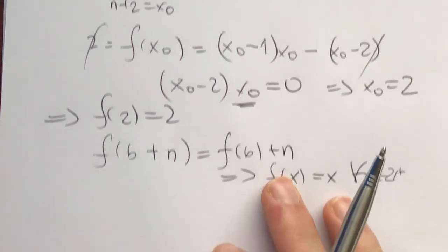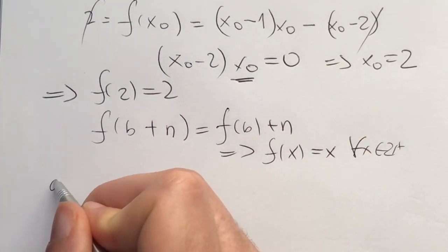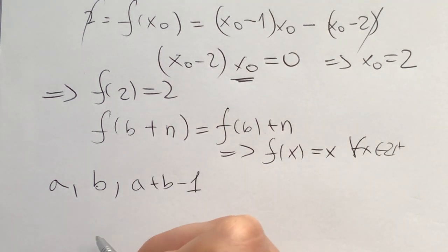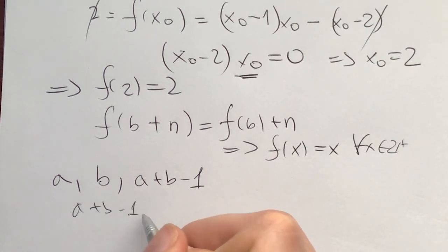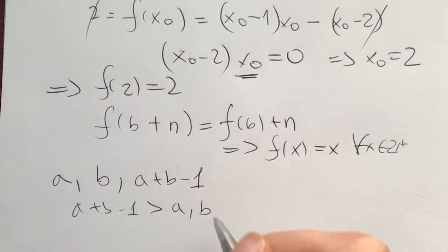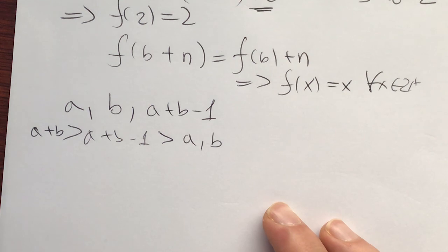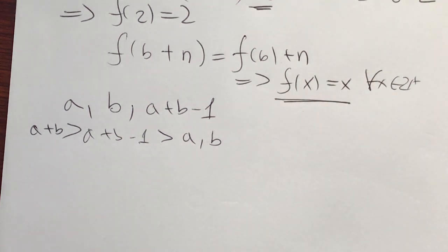Furthermore, it's the only solution, and now we plug that into the original, check that it works, and we have that a, b, and a plus b minus 1 must be sides of a triangle for all a and b, which are positive integers. Now this is true because a plus b minus 1 is greater than a and b, but it's less than a plus b, which means that the only function which satisfies our problem statement is the function f of x equals x for all positive integers x.